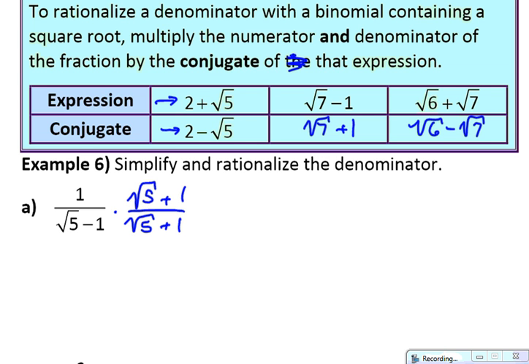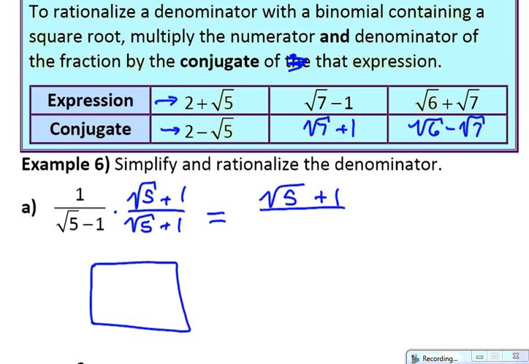Then I am going to multiply the 1 times the numerator. So that's just still the same thing. Square root of 5 plus 1. And then I'm going to multiply the denominator. So when I multiply that, however you want to multiply it, look and see what happens. So I'm going to do square root of 5 minus 1, square root of 5 plus 1. Notice they have the opposite signs in the denominator. So that gives me square root of 5 times square root of 5 is 5.